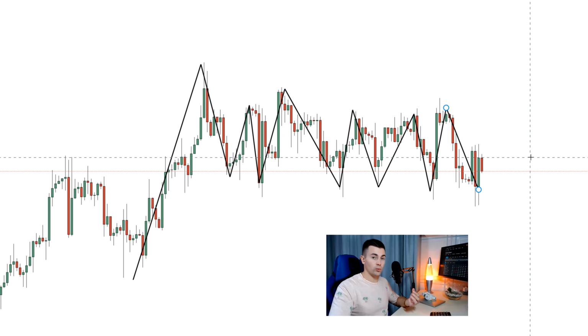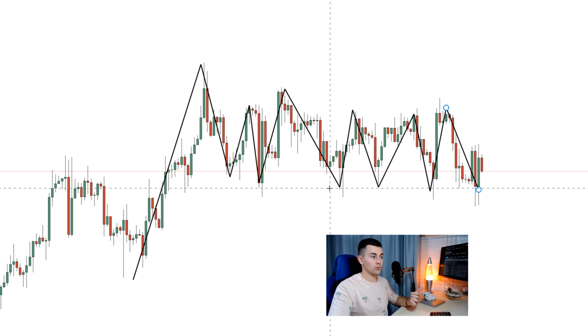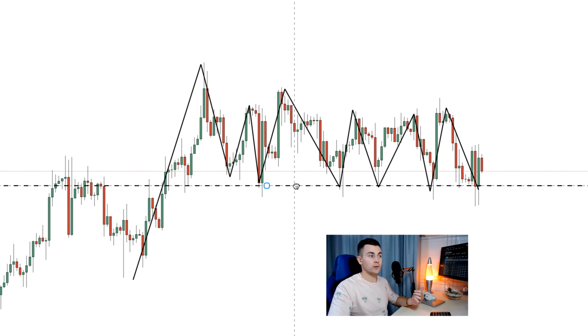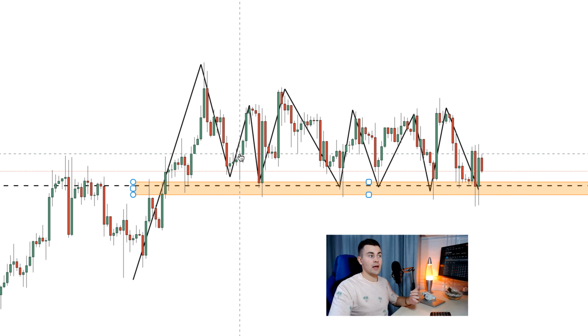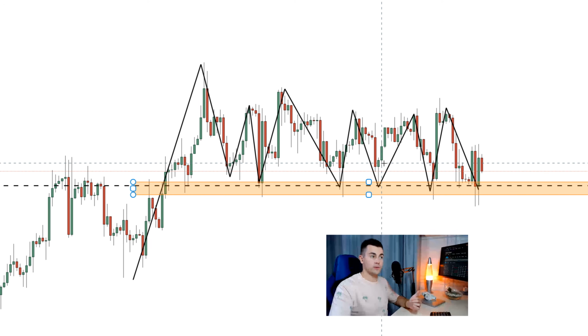But if we pay attention to details again, here you will see that first of all we have a strong horizontal structure support. And each time when the market drops to that, we see a strong bullish reaction from that, each time the market bounces from that.